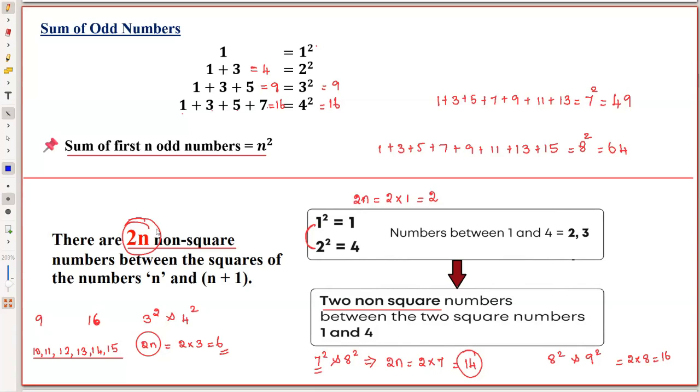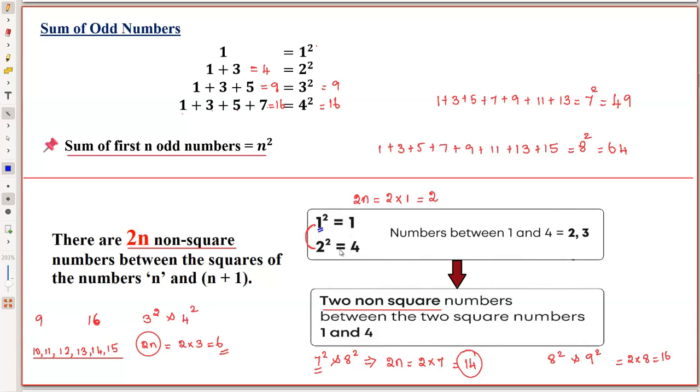The formula is: there are 2n non-square numbers between the squares of n and n plus 1. For example, if you want to find the non-square numbers between 1 square and 2 square, how will you find out? The first value is always n. So the formula is 2n, 2 into 1, that is 2.